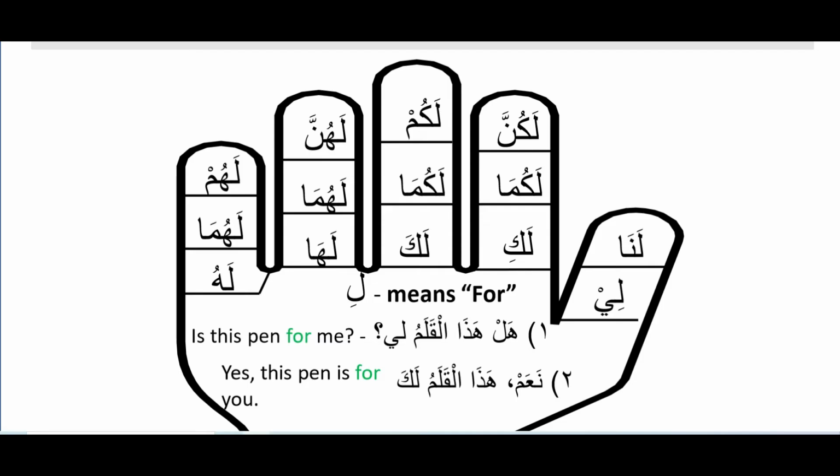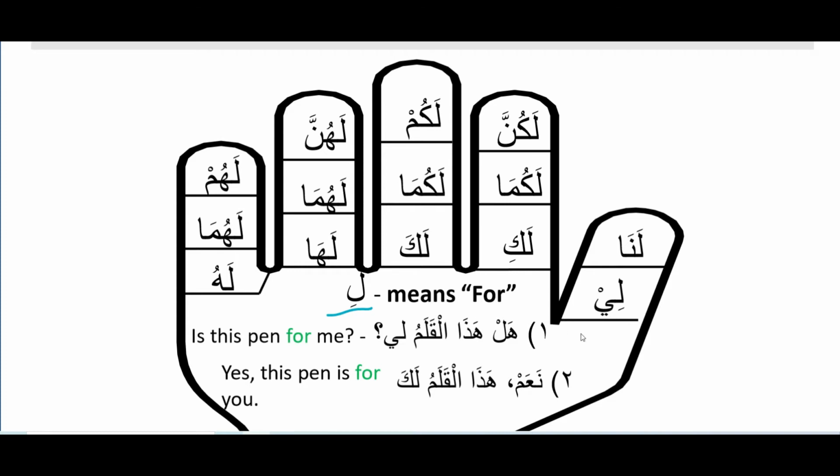Li is for first person referring to me, right? No, li is just this li. With the ya, then it refers to me. Li, you have to prolong. Good question. So li here means for.